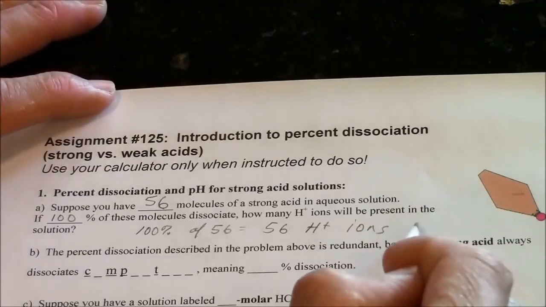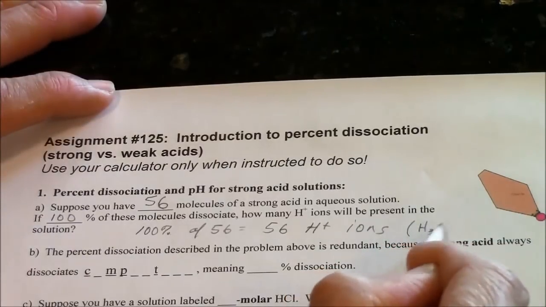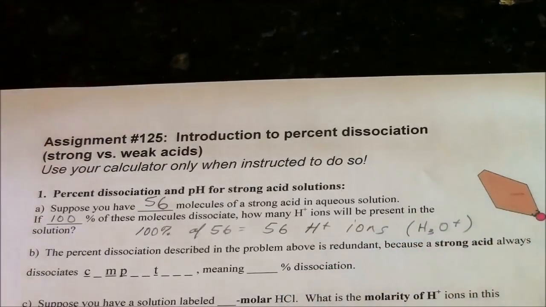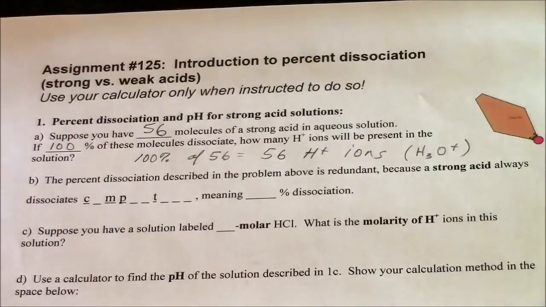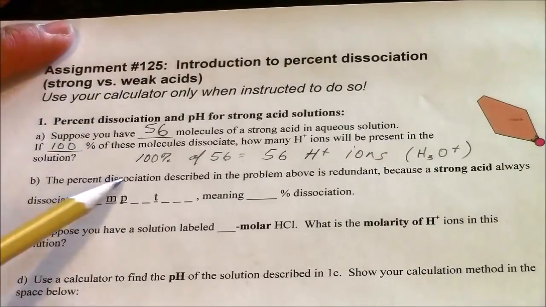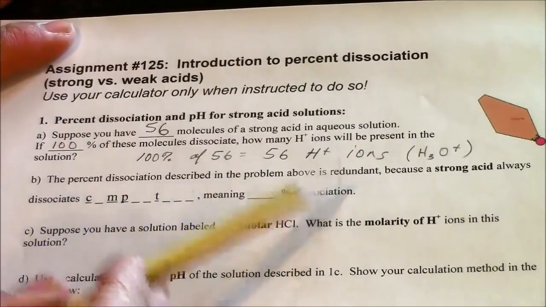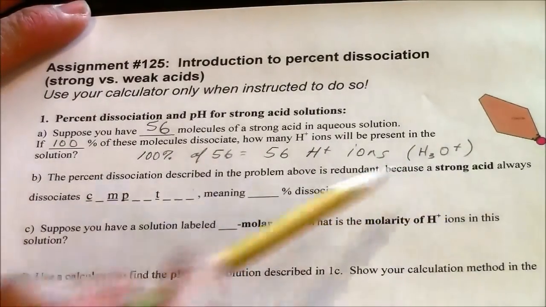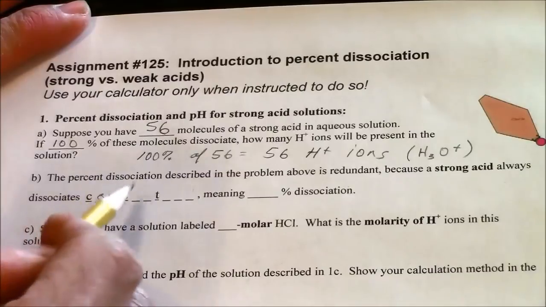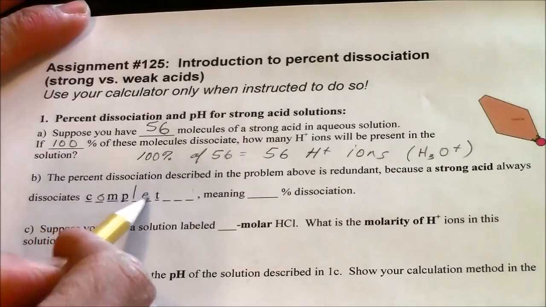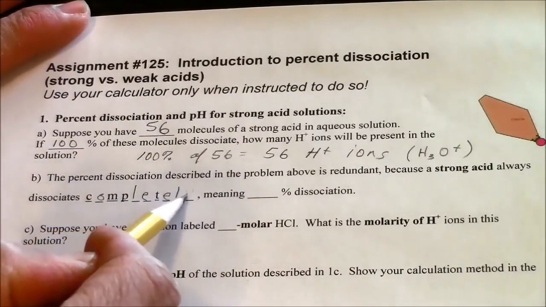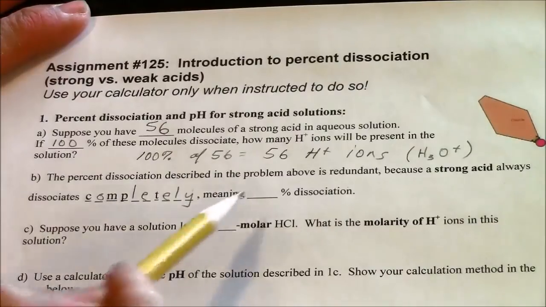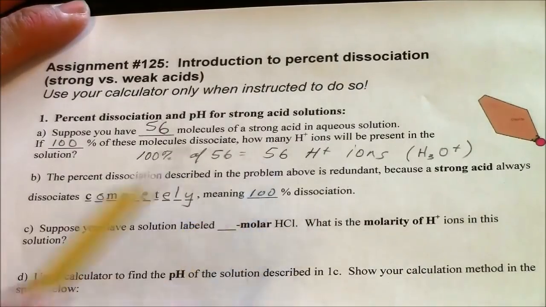In reality, these will be H3O+ ions, but we can call them H+ ions for simplicity's sake. Alright, this next sentence says the percent dissociation described in the problem is redundant, meaning we didn't need to say that, because a strong acid always dissociates completely, meaning 100% dissociation.